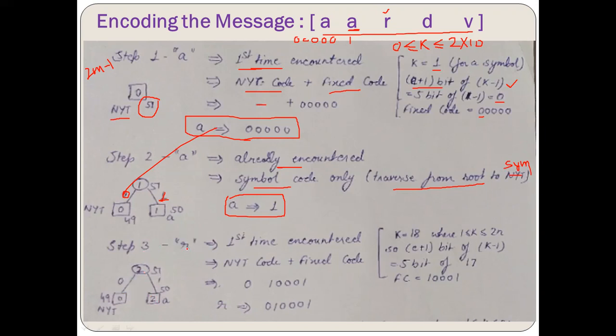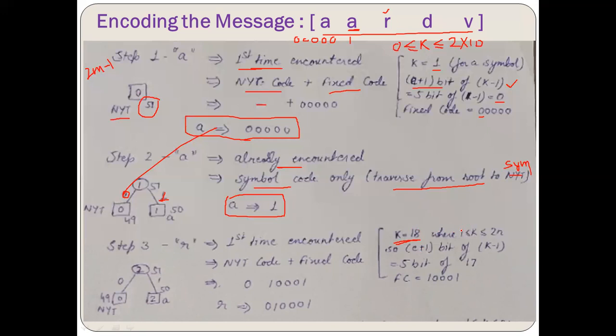Now R has been encountered for the first time. Yes, it is encountered for the first time. So I am going to find the position of R in the alphabet. So the value of K will be 18, the position of R in the alphabet. Now I am checking the condition whether K is lying between 0 to 2R.